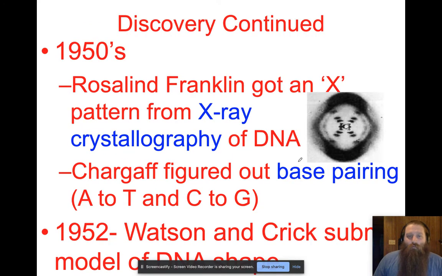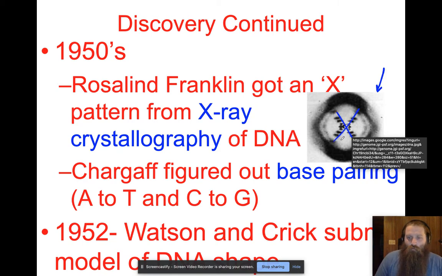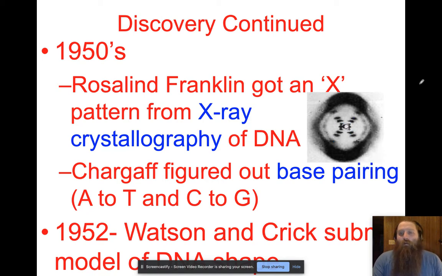Now, in the 50s, Rosalind Franklin got this pattern right here, this X pattern, see it right there, in an X-ray crystallography experiment. One of the ways that we try to figure out the shape of a protein is we will encase it in a crystal that keeps it nice and straight.